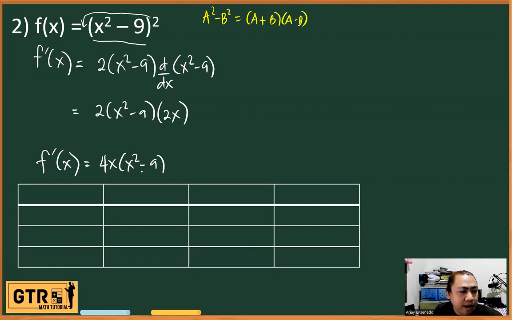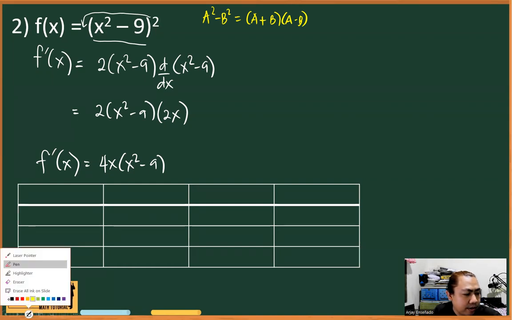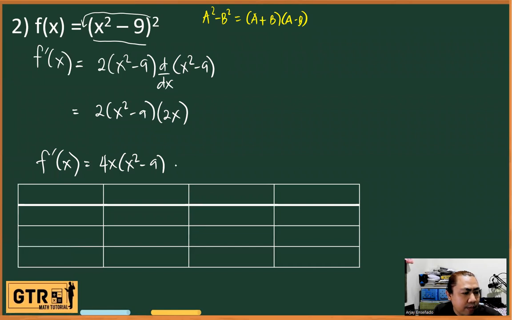We can factor x squared minus 9, since 9 can be expressed as 3 squared. Therefore, the simplest form of our derivative is 4x times x plus 3 times x minus 3. Then solve for the critical values by equating each factor to 0.